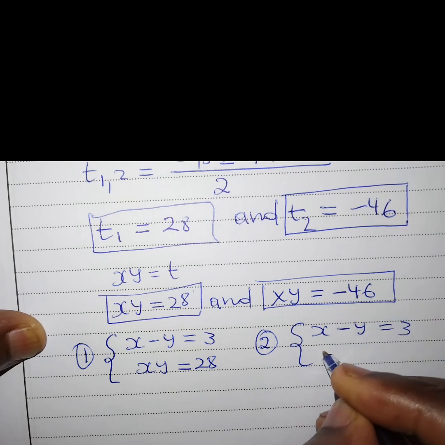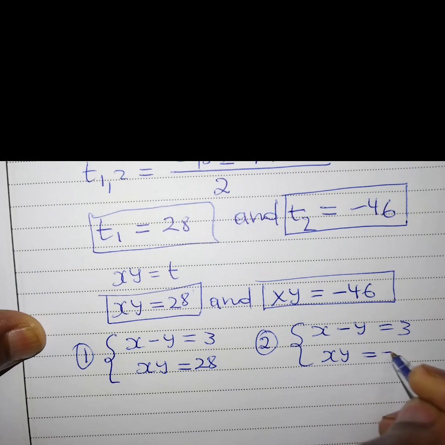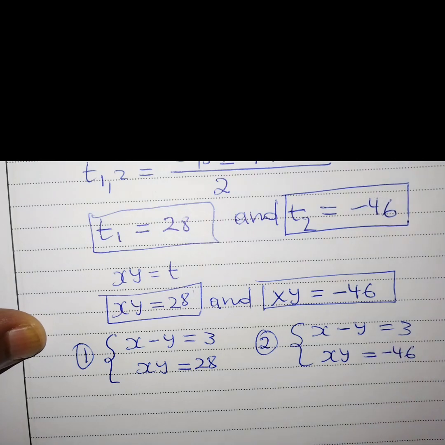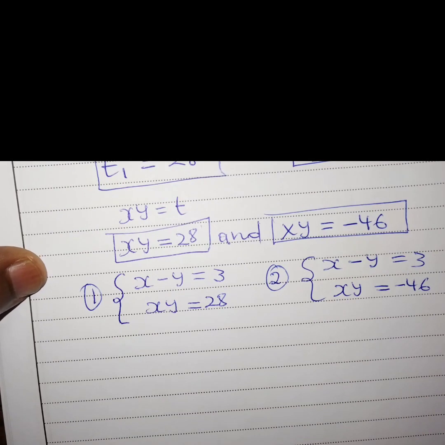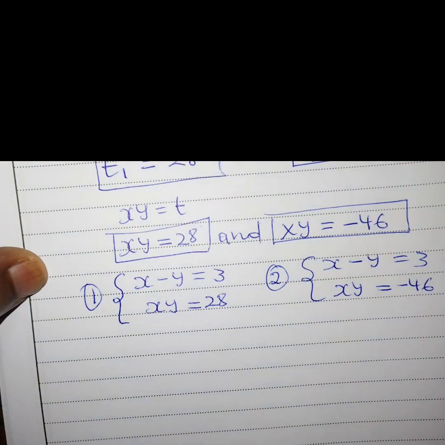I'll couple it with xy equals 28. This will be my first system of equations. My second system of equations is x minus y equals 3, coupled with xy equals minus 46. So ladies and gentlemen, I'm going to try and solve the two systems of equations one at a time.